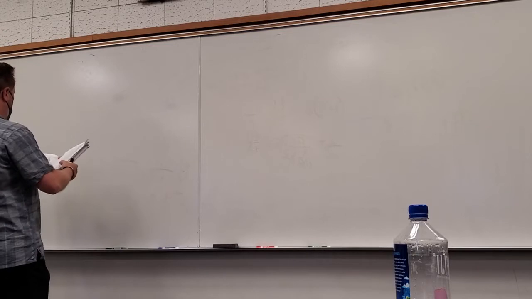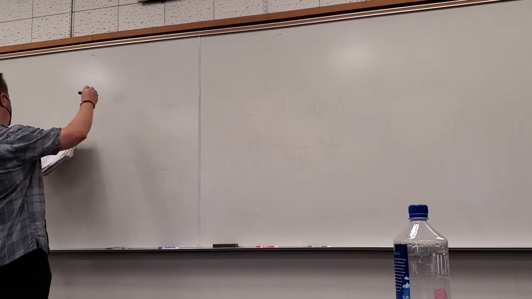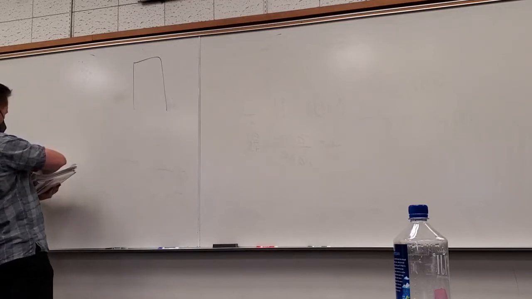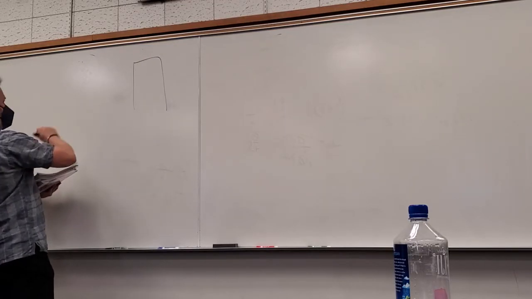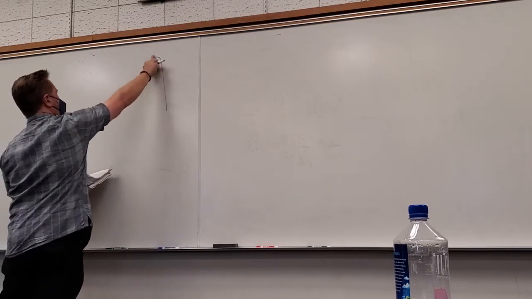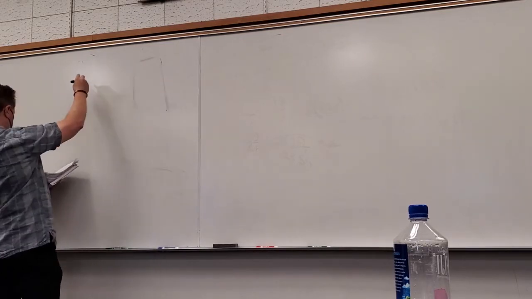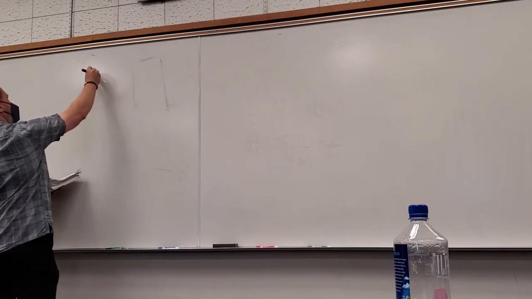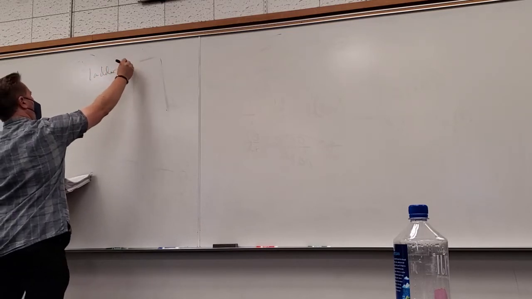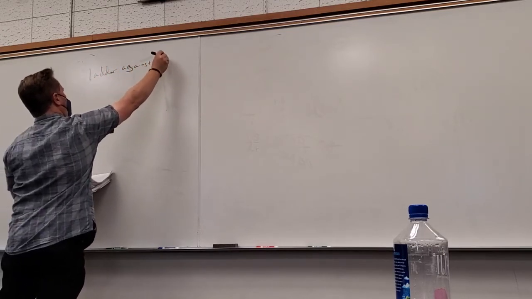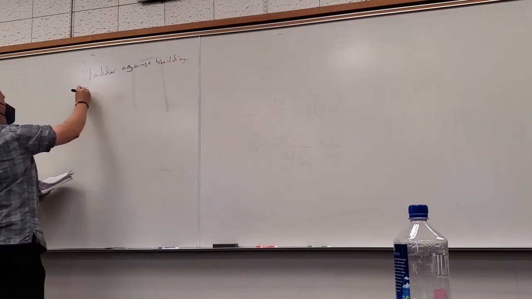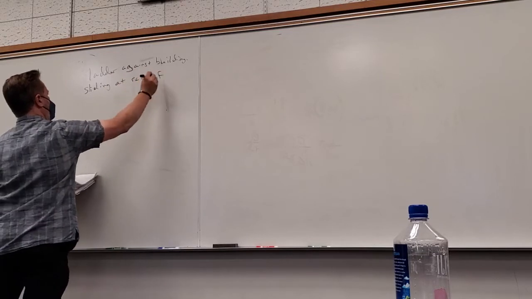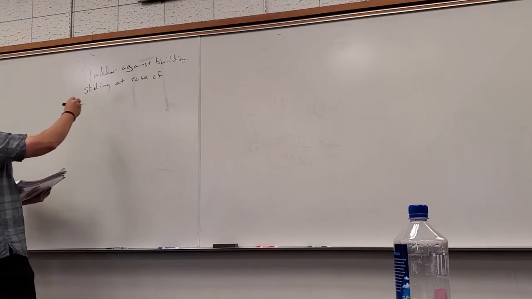All right. Here we go. So let's say we have a ladder up against the building. They love these ladders. I'm drawing a picture for you. So we have a ladder against the building, and it's sliding at a rate of 0.15 meters per second.